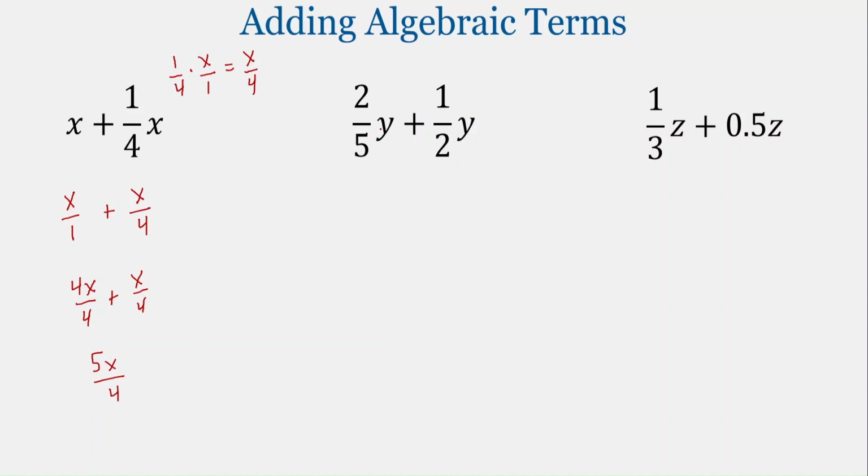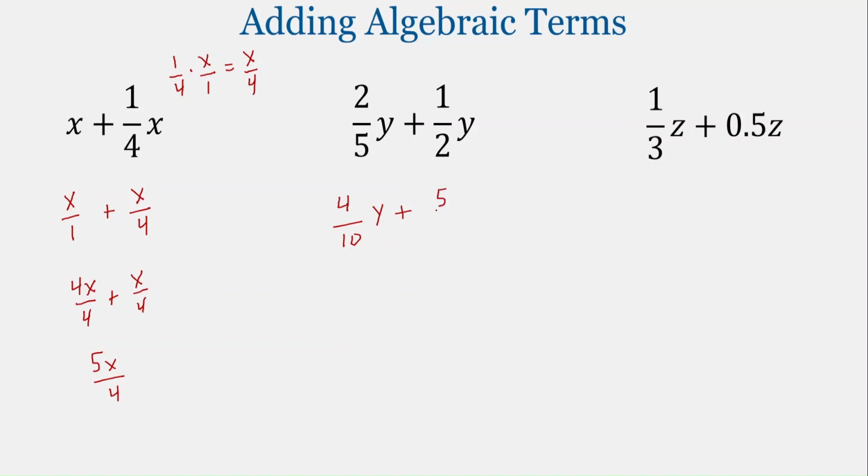So we have 2/5 y plus 1/2 y. So 5 times 2 is 10. A common denominator is 10. And in this case, it's also the least common denominator. So in order to change 5 into 10, we need to multiply both the numerator and the denominator by 2. So an equivalent fraction here is 4/10 y plus, and then in order for the 2 to become a 10, we multiply by 5.